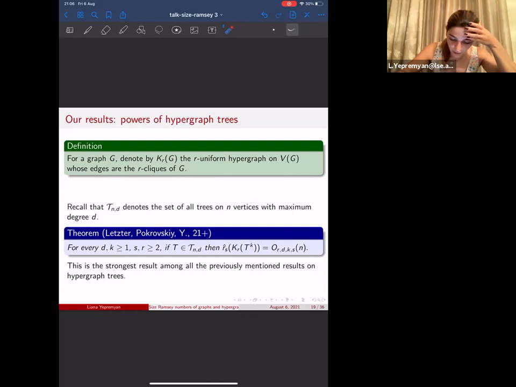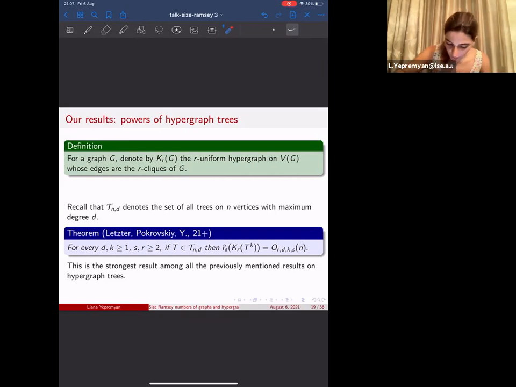However, before going there, let me define, for a graph G, K_r(G) to be the r-uniform hypergraph on V(G) whose edges are the r-cliques of G. So you take the graph G and make a hypergraph out of it by taking the r-cliques to be edges.